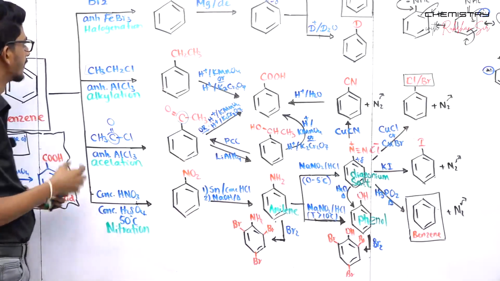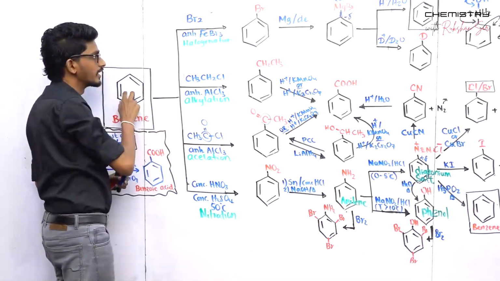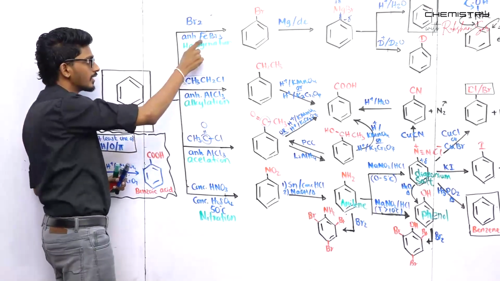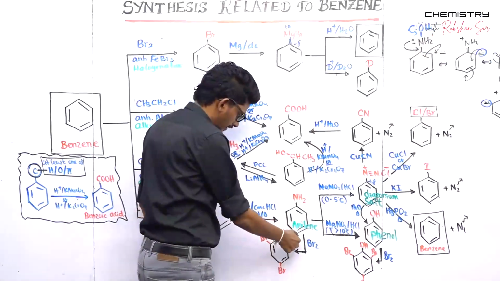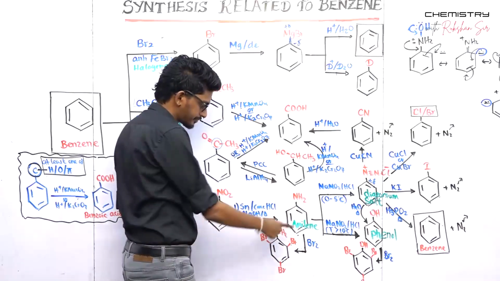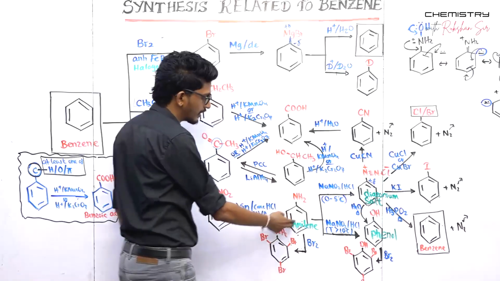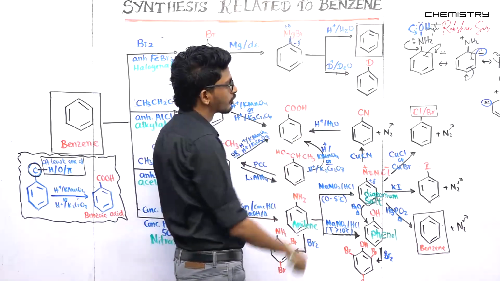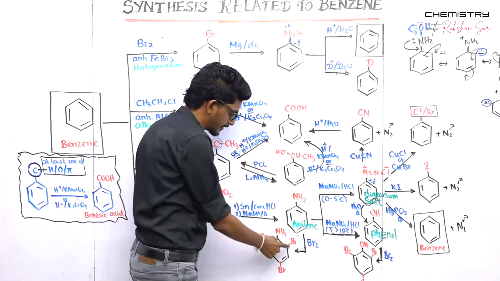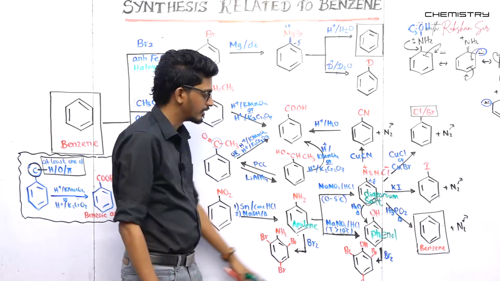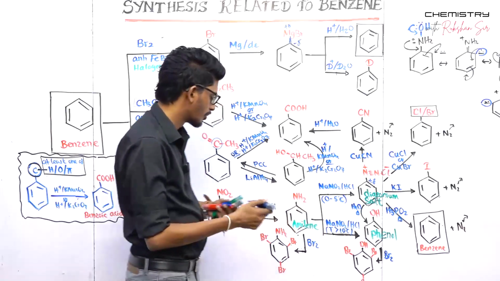To add a halogen to the benzene ring, you need a catalyst, but that catalyst is not needed to add the same bromines to the phenol ring or the aniline ring, because those rings are considered very electron rich rings, and to these three positions, one after the other, the bromines, the halogens, will be added, right?